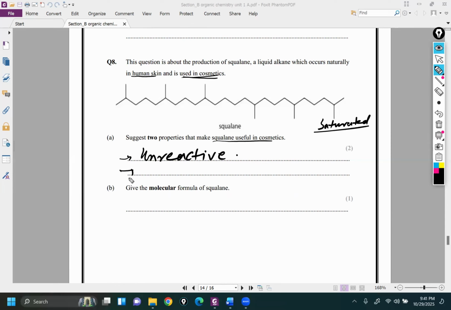Sometimes the skin gets oily, so it is hydrophobic, it means it does not dissolve in water. You can write other options like it is colorless or it doesn't give smell. But these two options were easy options.